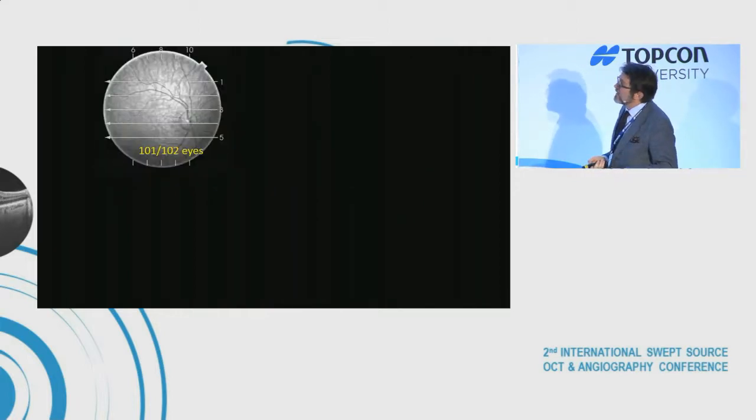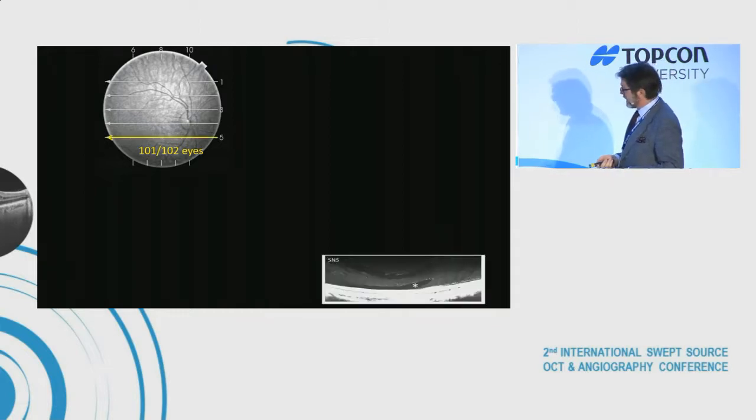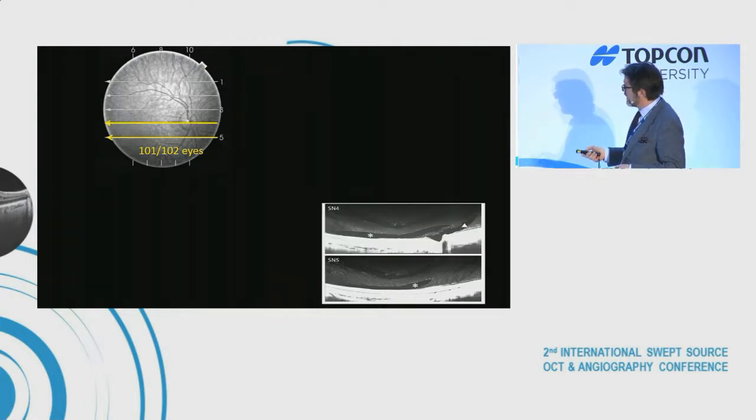So this study was done with the Triton. We published it in Ophthalmology a couple of years ago. I think it was the Atlantis at the time, actually. And what we saw is that just below the nerve, you see the bursa in isolation. As we get closer to the optic nerve, we see again the bursa, then the area of Martegiani, and then the beginning of the prepapillary gap that contains Cloquet's canal.